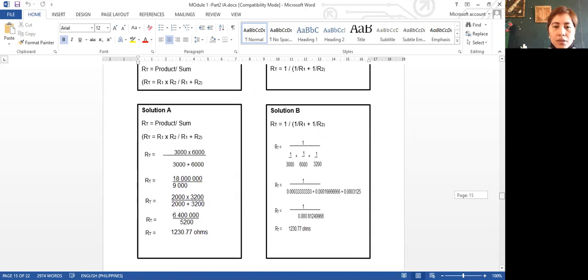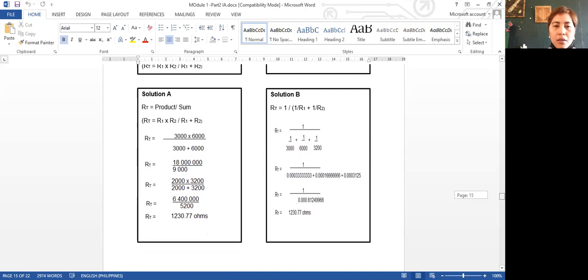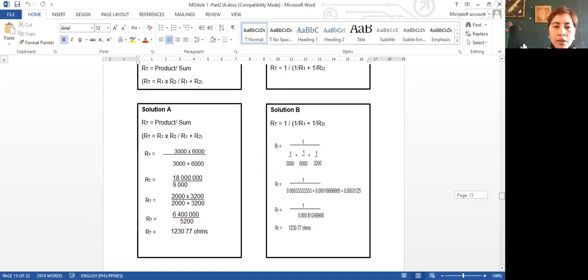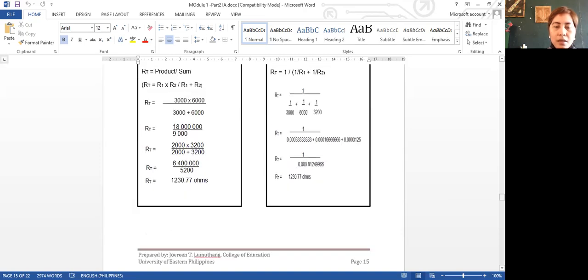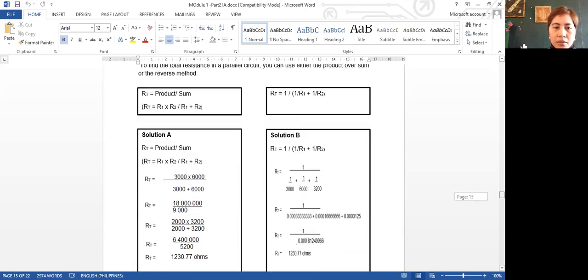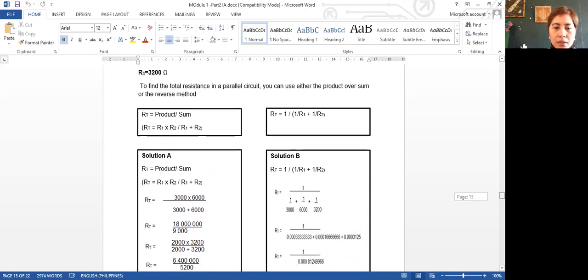The total resistance. So we have here, for example, 3,000 times 6,000 over 3,000 plus 6,000, equals 18,000,000 over 9,000, so that will be 2,000.